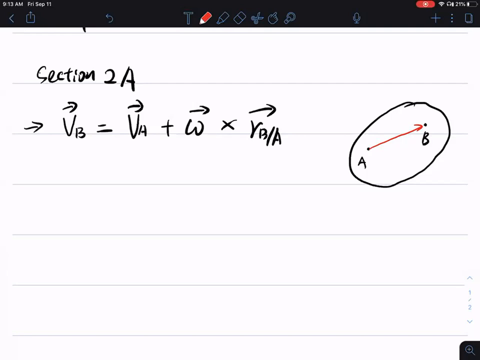This really depends on what points you are picking. Here, since we have A and B, that's how we have RB/A. The order also matters. Remember, RA/B does not equal RB/A. They're 2 different things. And the order here, B/A, depends on who is first. Since here VB is first and VA comes second, that's why we have VB/A. If we flip A and B, that slash also flips.